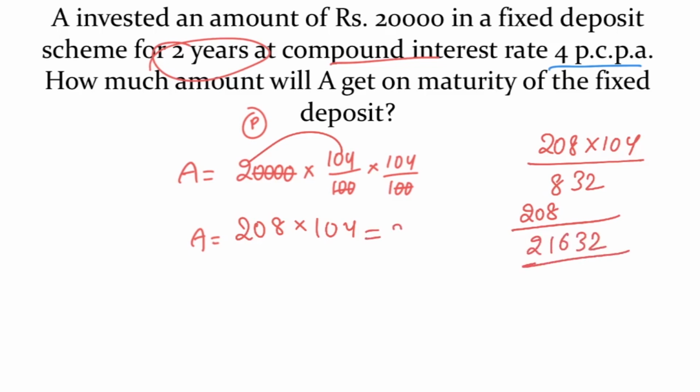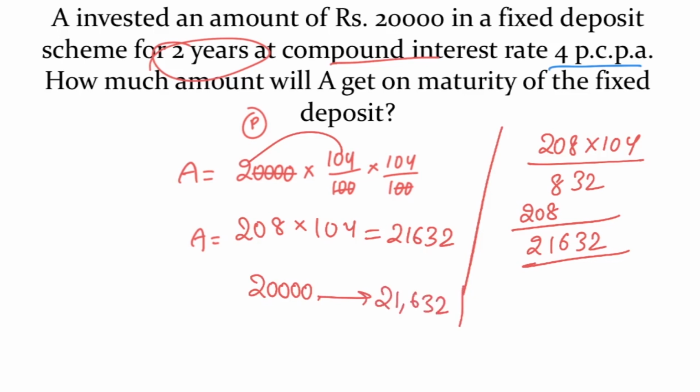So total amount is 21632. So if you deposit 20,000 rupees, you are getting 21,632 rupees. That is the total amount you are getting. If compound interest is asked or profit is asked, there is a profit of 1,632 rupees in this transaction.